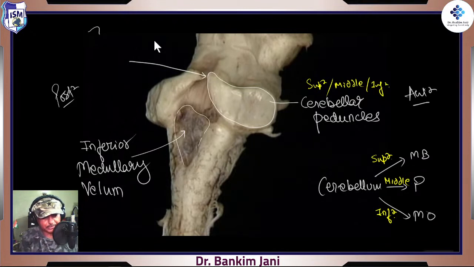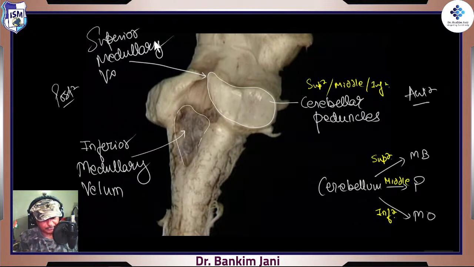That's the portion which is called the superior medullary velum. So this superior medullary velum and the inferior medullary velum, what will they be forming? They will be forming the upper part of the roof, that is the roof of the ventricle. So where have we drawn?